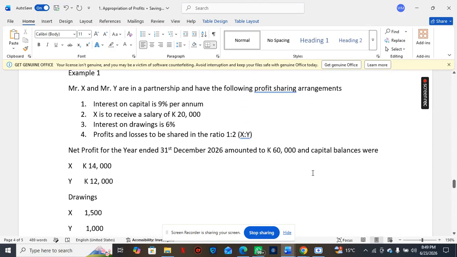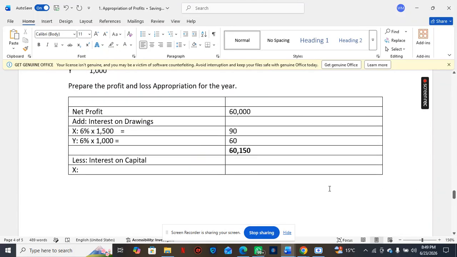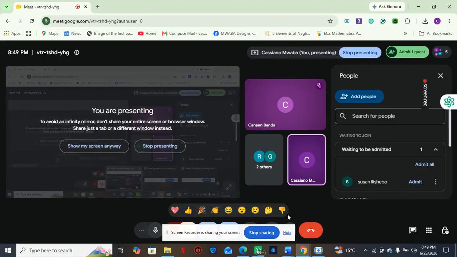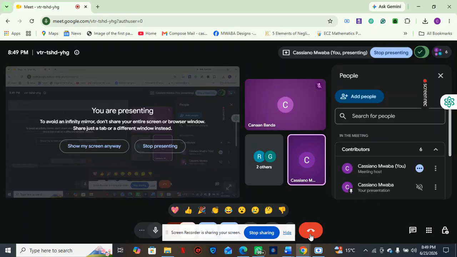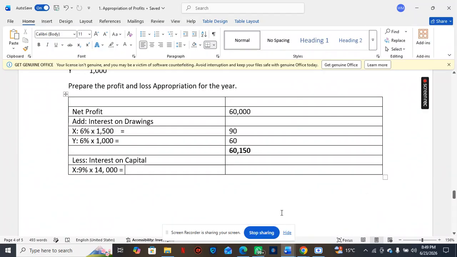Mr. X, the capital brought into the company, 14,000. So 9% of 14,000 is 1,260.